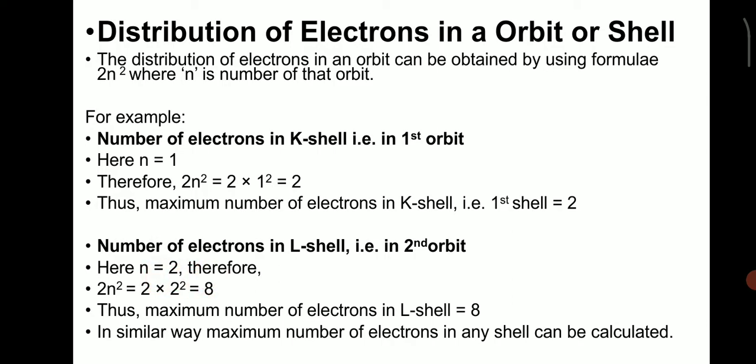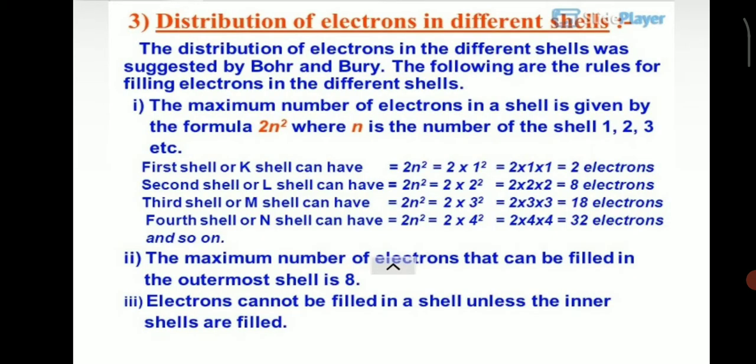So the second shell L can hold 8 electrons in its orbit. What about the third shell? The M shell can hold 2n square, where n is 3, the third shell. So it is 18 electrons.